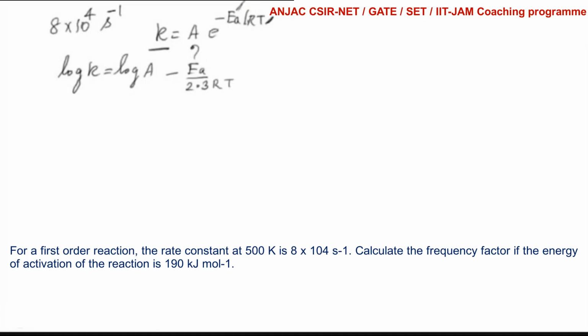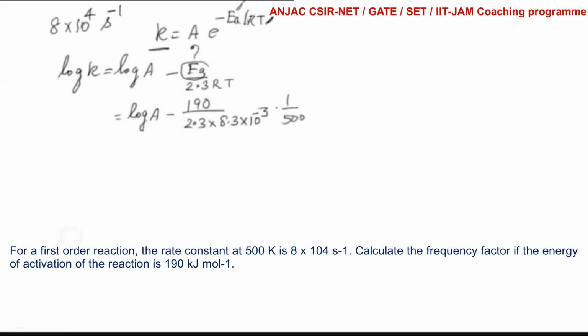An easy way is to keep EA in kilojoules: kilojoule by 2.3 into 8.3, multiplied by 10 power minus 3 to make it kilojoules, by 1 by 500.